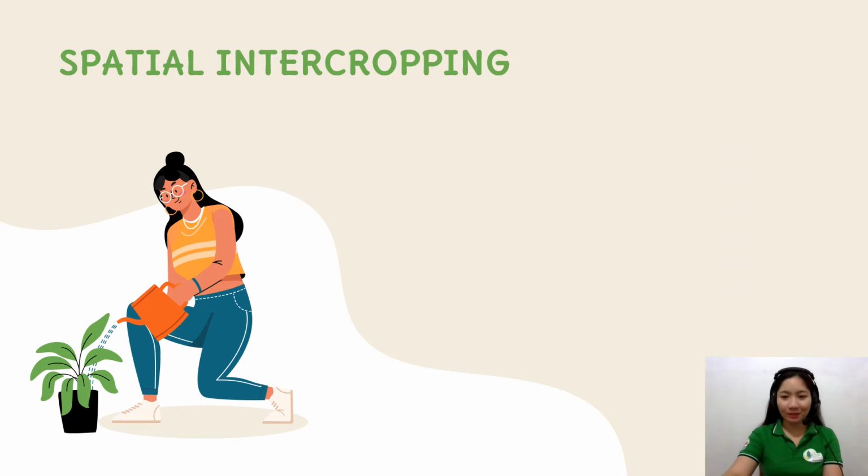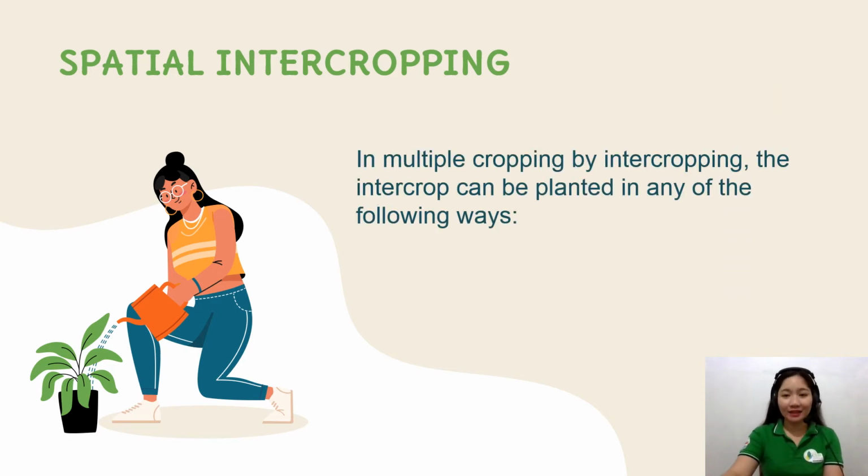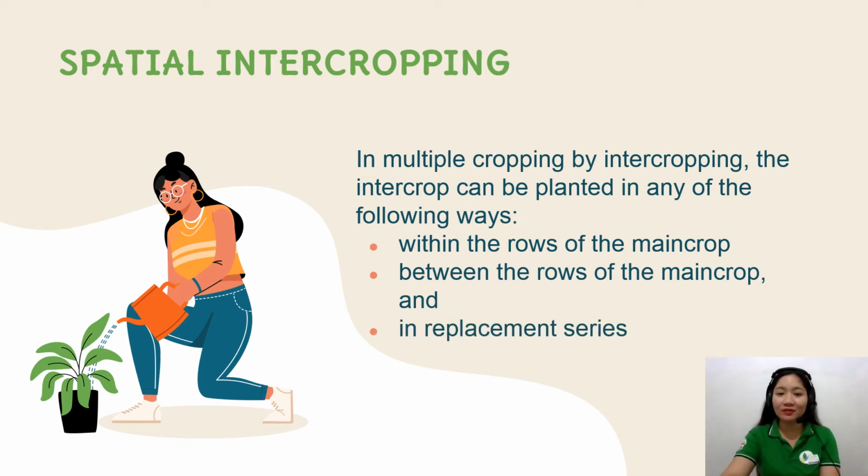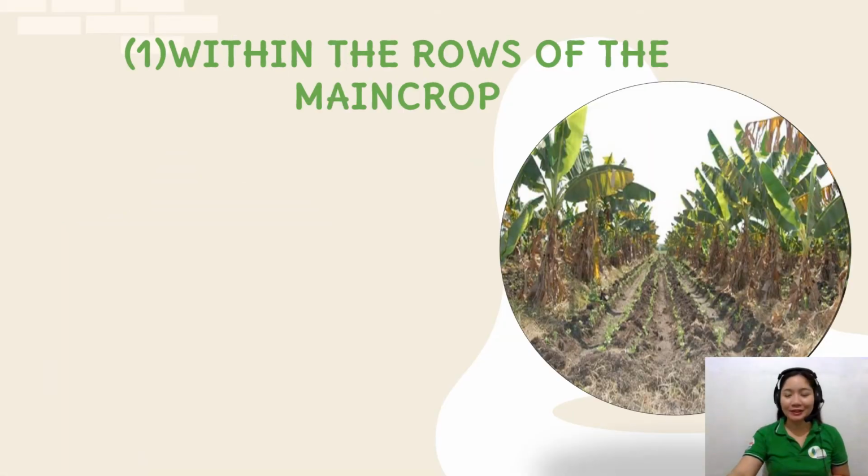Class, in multiple cropping, by intercropping, the intercrop can be planted in any of the following ways: within the rows of the main crop, between the rows of the main crop, and of course in replacement series. For the first one, we have within the rows of the main crop.